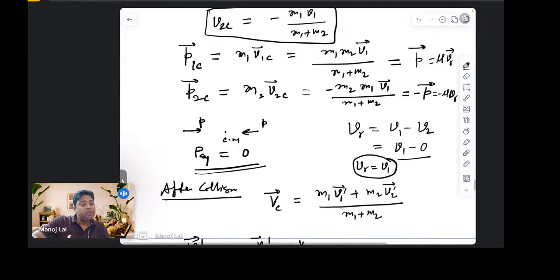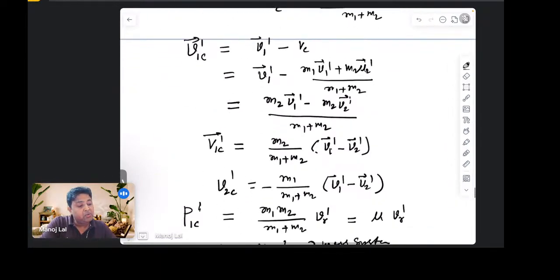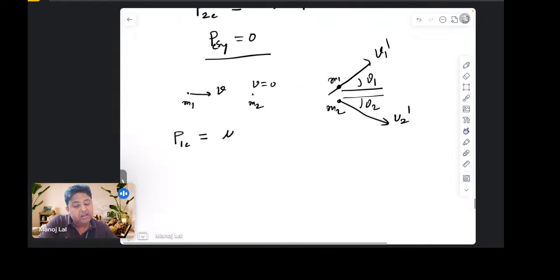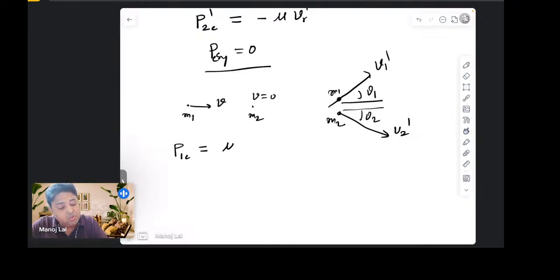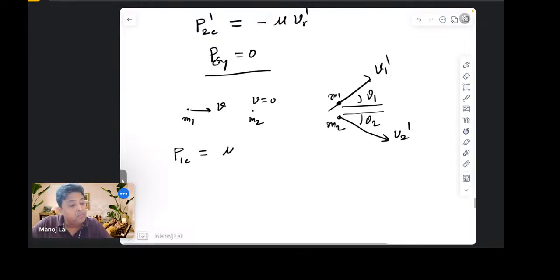So students, if you see carefully, you will find that the initial momentum of particle 1 is mu into V relative. VR stands for relative; let me write VR here.